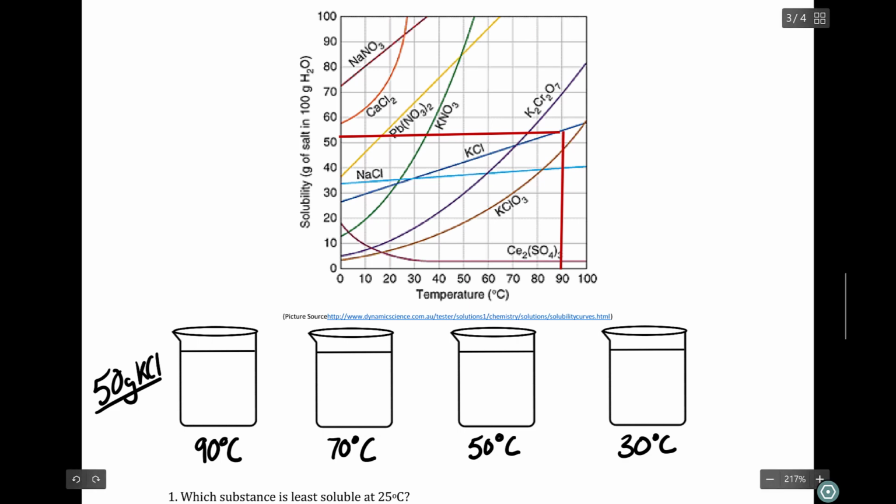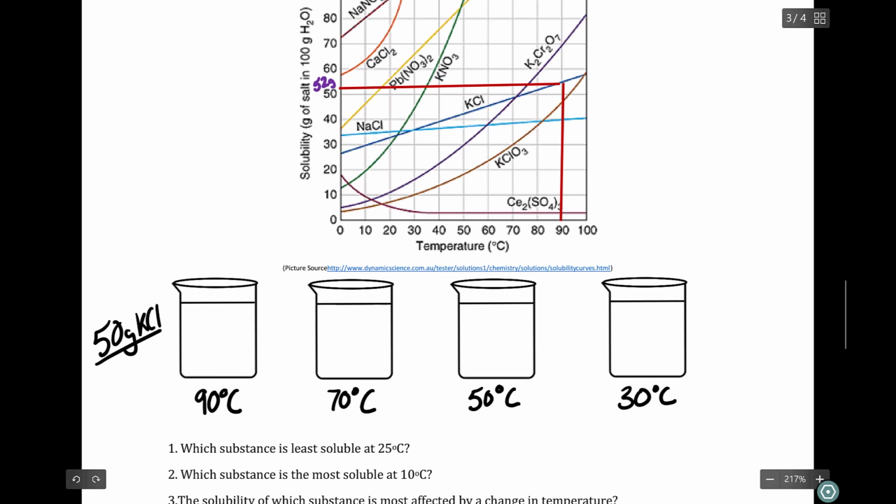So at 90 degrees Celsius, roughly 52 grams of KCl will be dissolved in solution. So here, this would be an unsaturated solution because I haven't passed 52 grams. 52 grams is the maximum amount of KCl you can dissolve at 90 degrees Celsius. So this would be unsaturated, and it would just look like a pure solution.